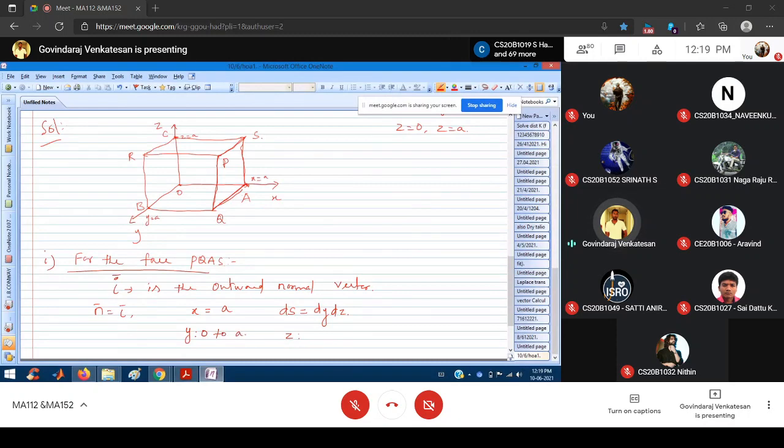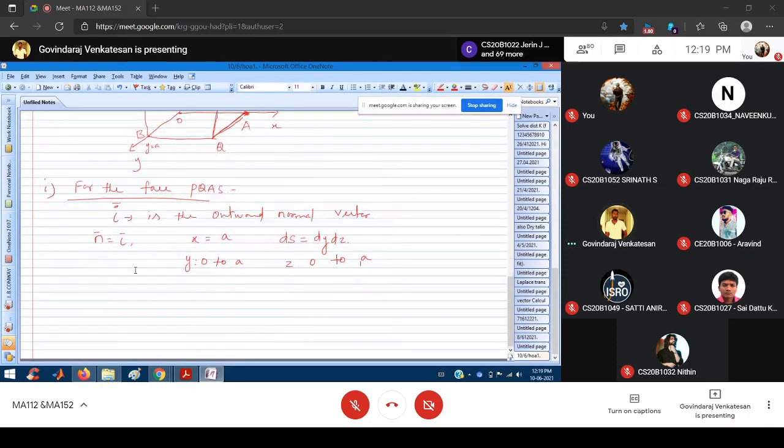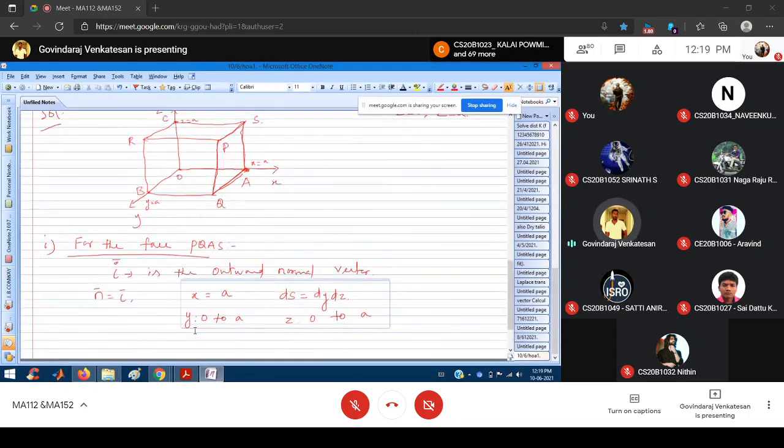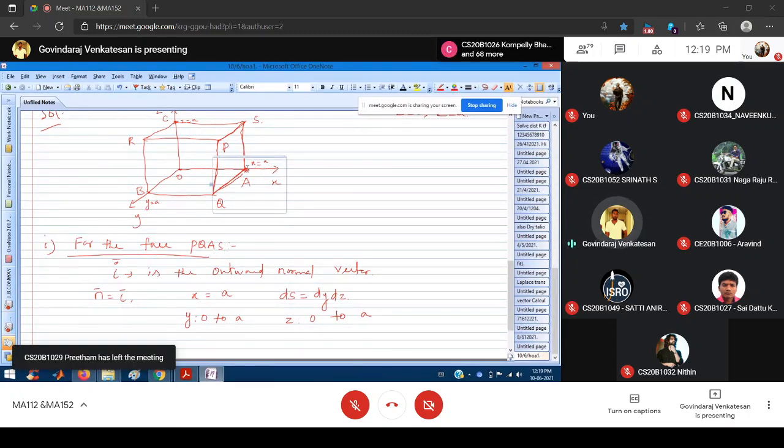Y varies from 0 to a, and z also varies from 0 to a. Any doubts on the outward normal, the value of x, and the variation in y and z? On the x-axis, the values of y and z are 0 and both vary from 0 to a.